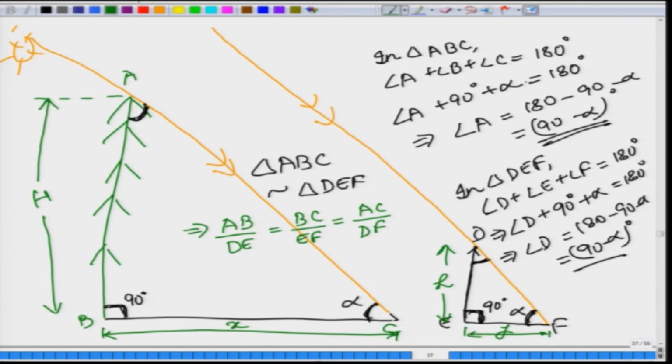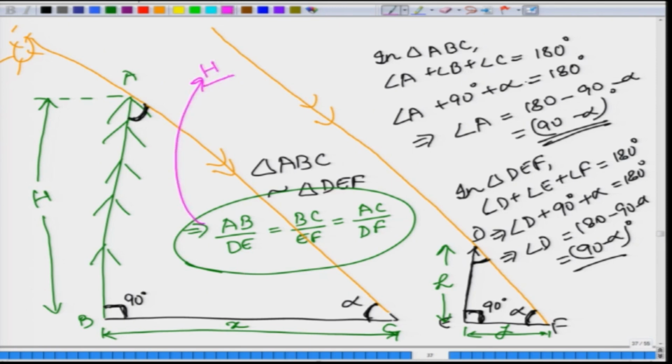Now, if we make use of this equation, AB is equal to capital H divided by DE, which is equal to small h, and BC is equal to x divided by EF, which is equal to y. Now, we know the values of x, y and h. So, capital H is equal to x divided by y into small h. So, in this way, we can find out the value of capital H, which is the height of the tree, just by making use of similar triangles.